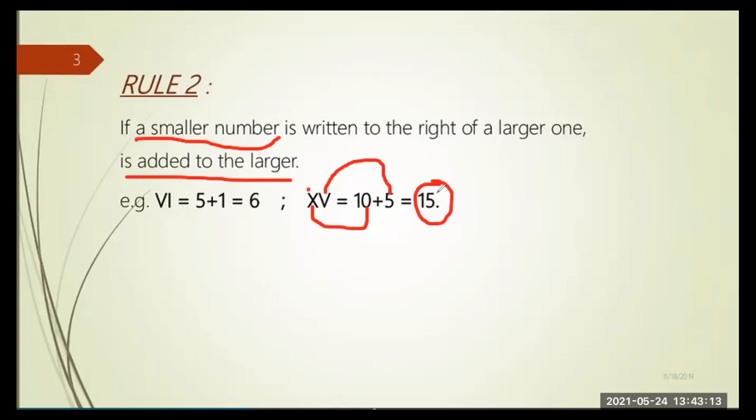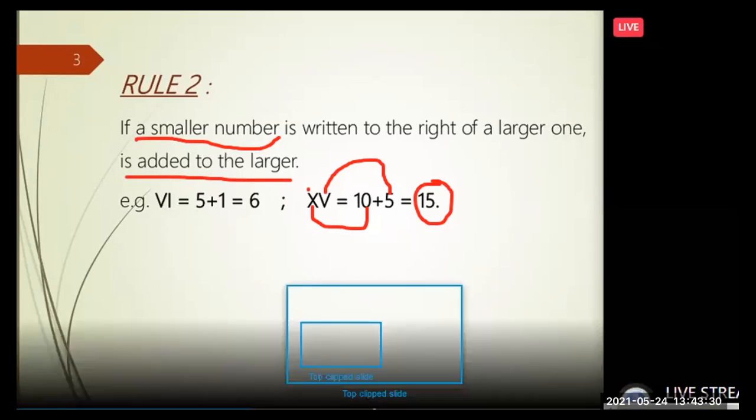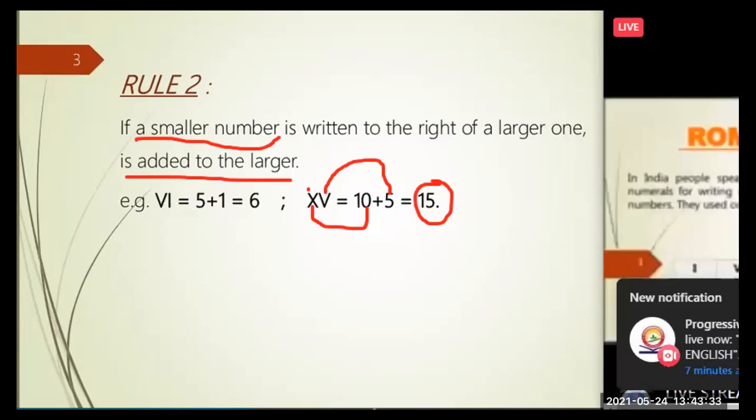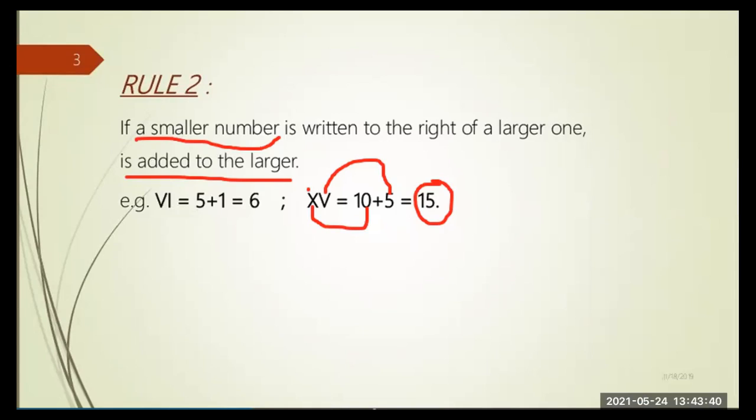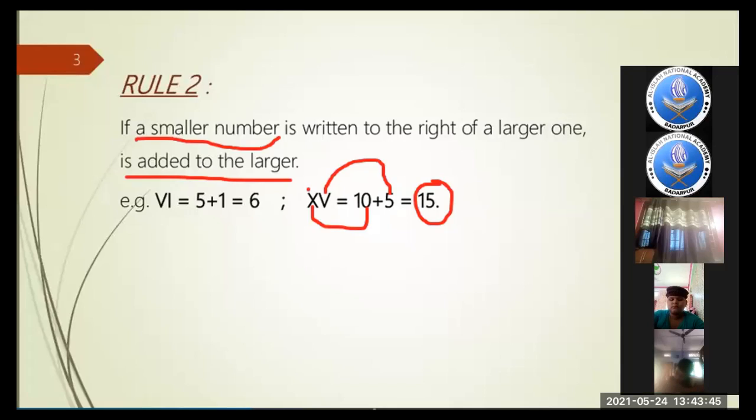Okay, now all of you take out your copy and one pen. Copy, pen or pencil first. Take them out first.